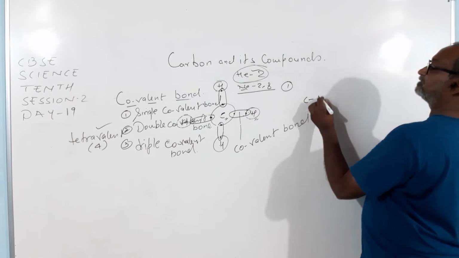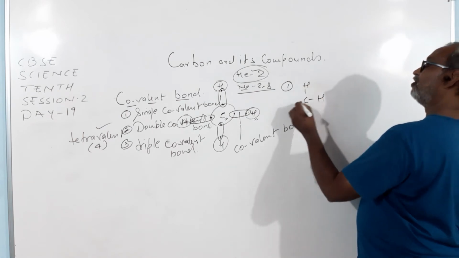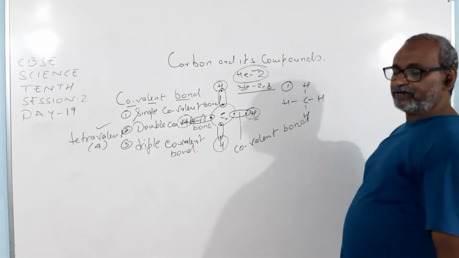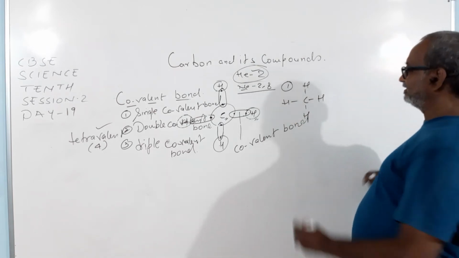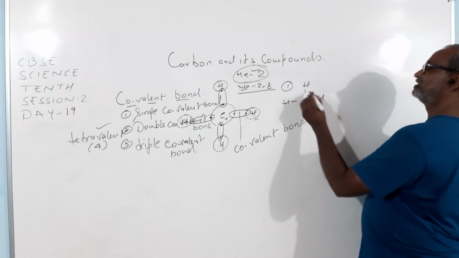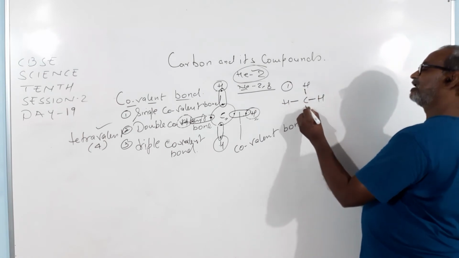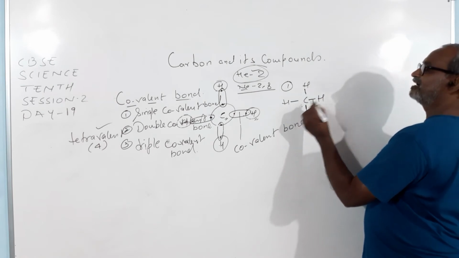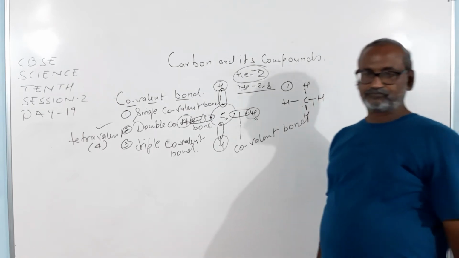And when two atoms share one pair of electrons between them, a single covalent bond is formed between them, and it is represented by this line which represents covalent bond. Which covalent bond? Single covalent bond.